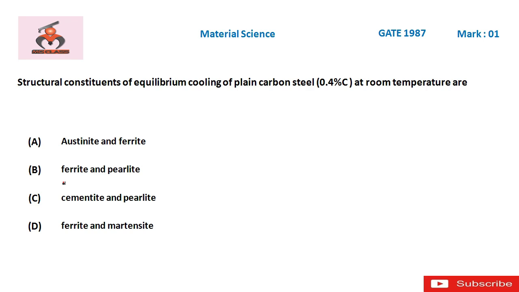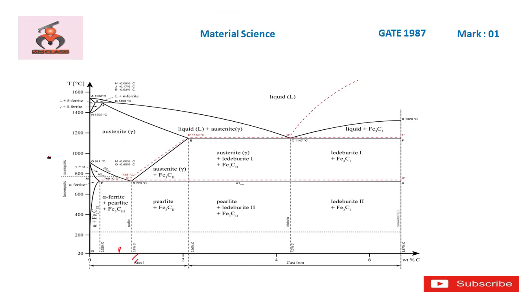The right answer is B, ferrite and pearlite. From the iron carbon diagram we can see that 0.8% carbon is here, and the question is asking 0.4% carbon, so the answer will be ferrite and pearlite.